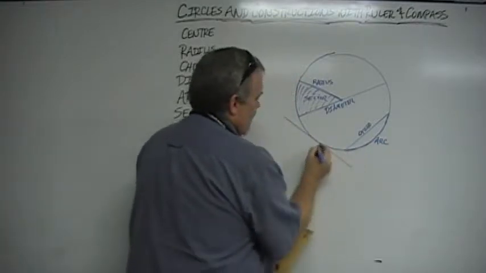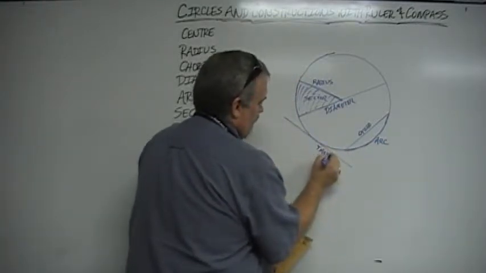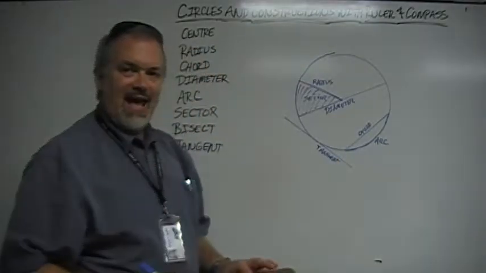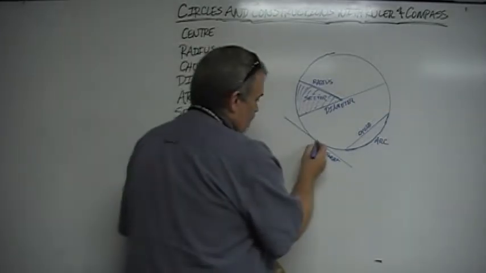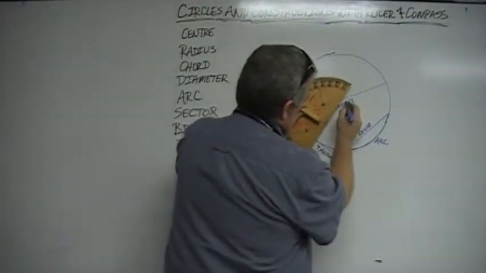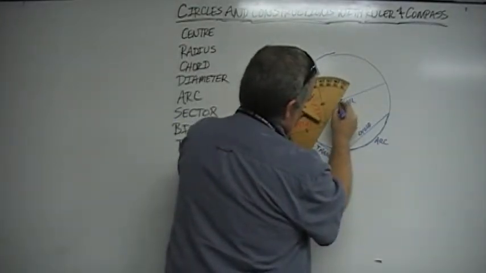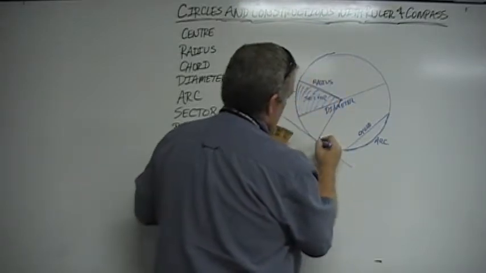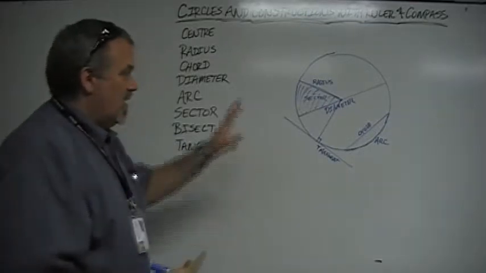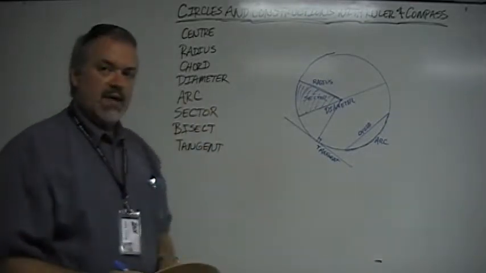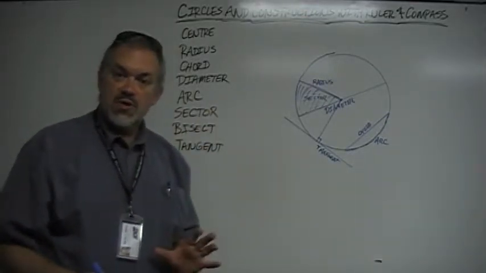That is called a tangent. And one of the important things about a tangent is that if you draw a line from that single point of intersection to the center of the circle, then we always get a right angle right there.